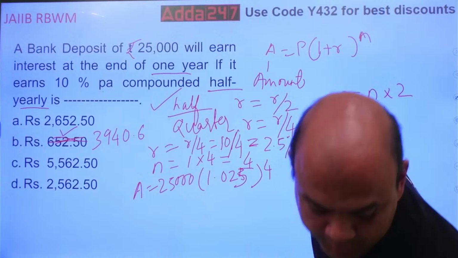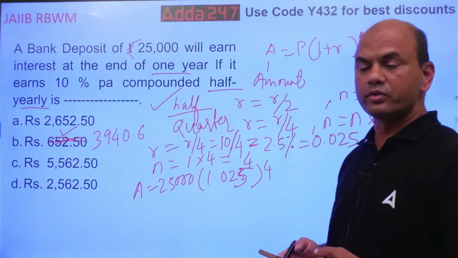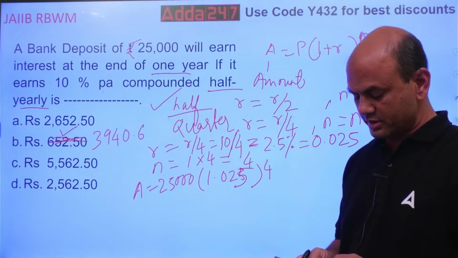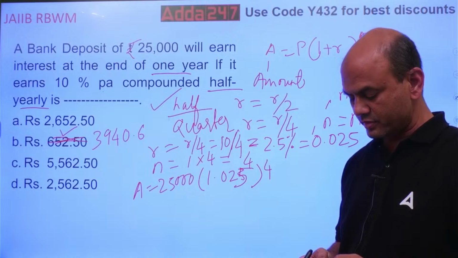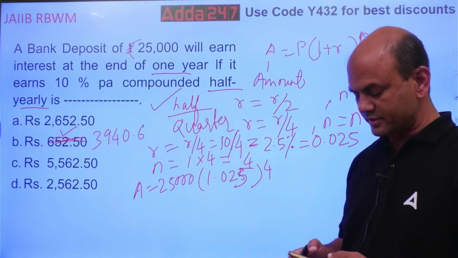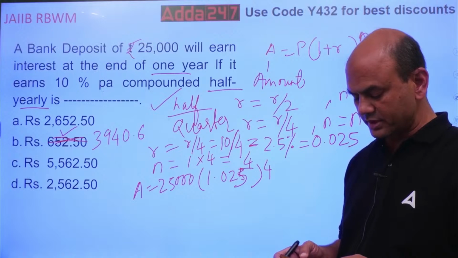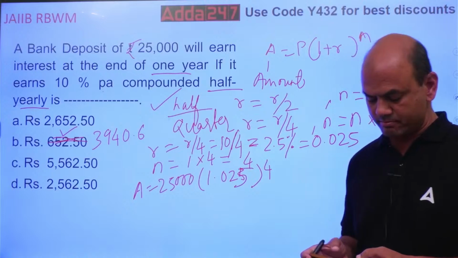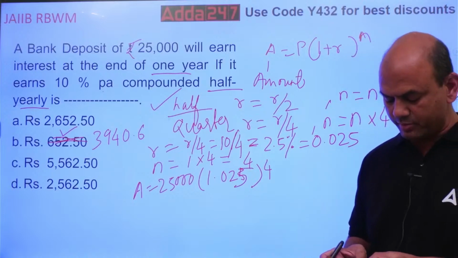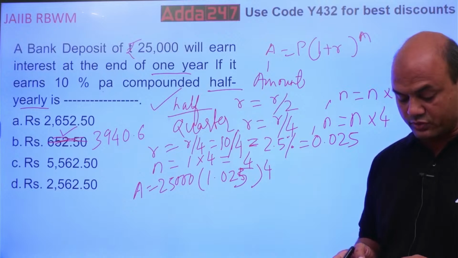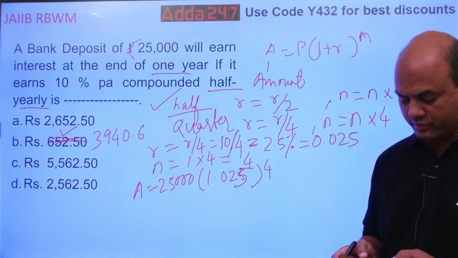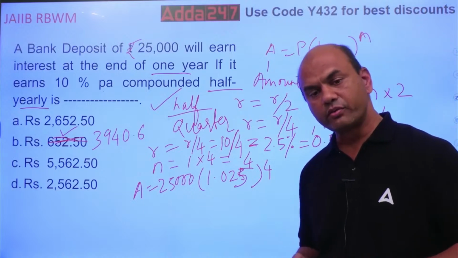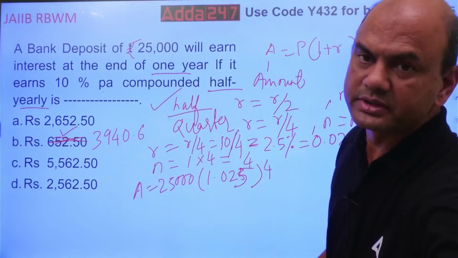Try it, everyone. 1.025 raised to 4, into equal to 4 times. You are getting 1.103.